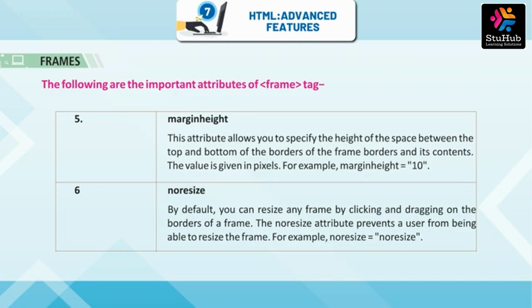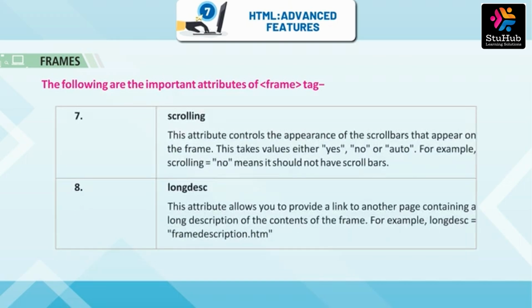6. noresize. By default, you can resize any frame by clicking and dragging on the borders of a frame. The noresize attribute prevents a user from being able to resize the frame. For example, noresize equals "noresize". 7. scrolling. This attribute controls the appearance of the scroll bars that appear on the frame. This takes values either "yes", "no", or "auto".